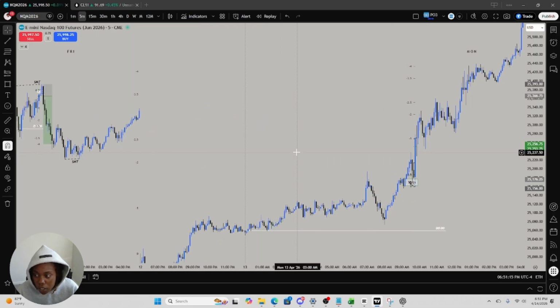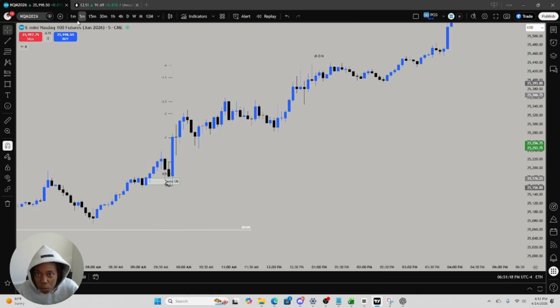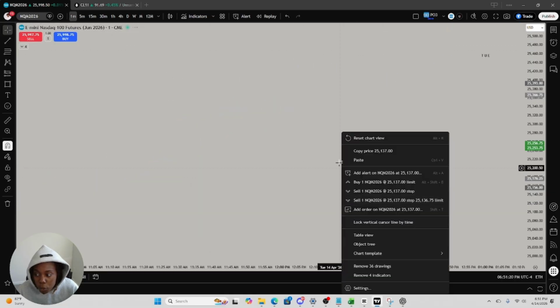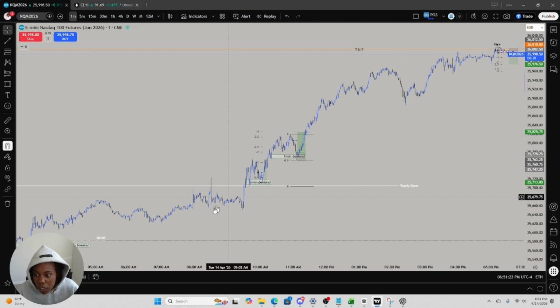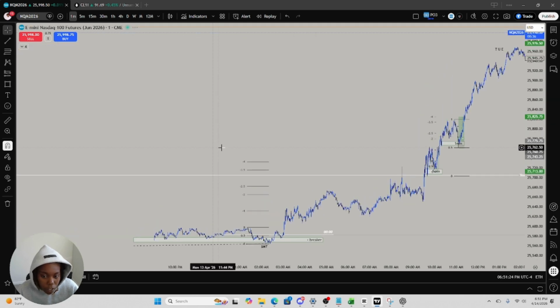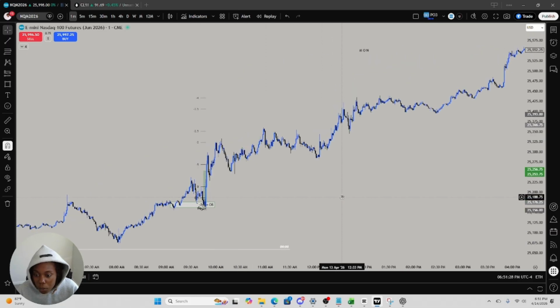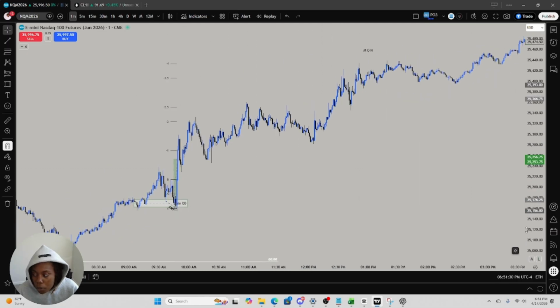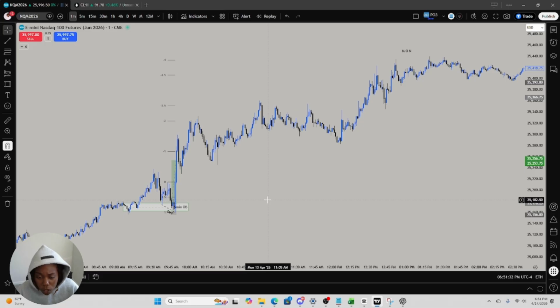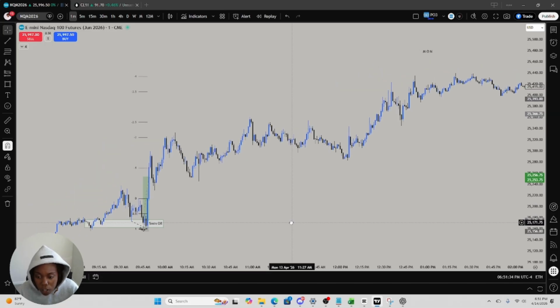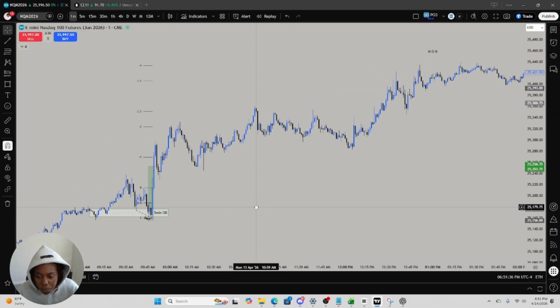Look how everything aligns, right? So that's another form of high probability. When we can project and those standard deviations align with previous highs and lows, equal lows, session highs and lows, and all of that stuff, higher probability as well.